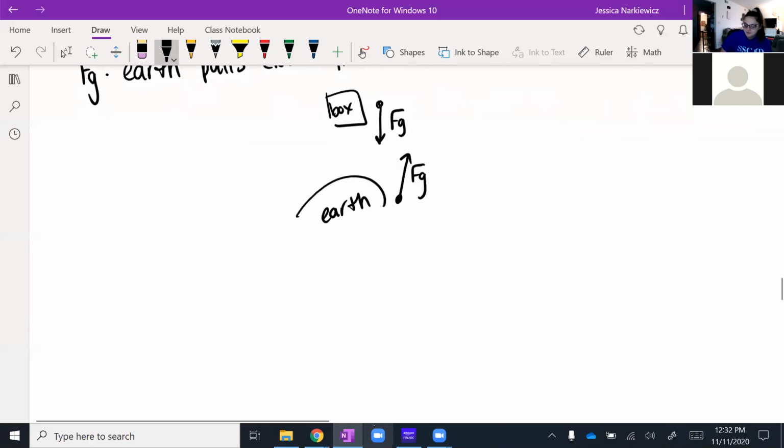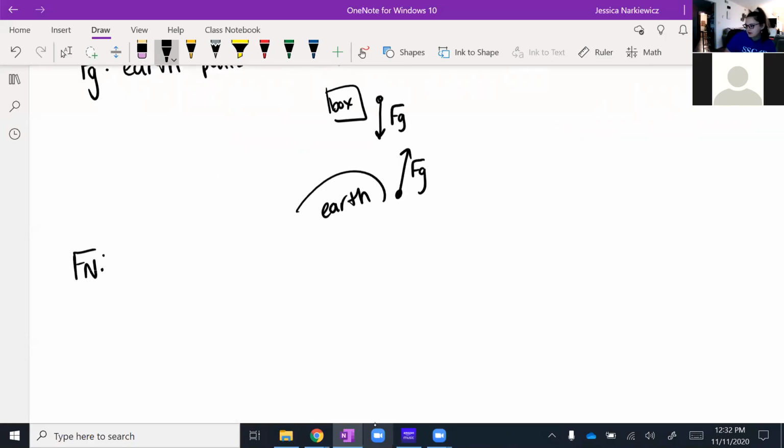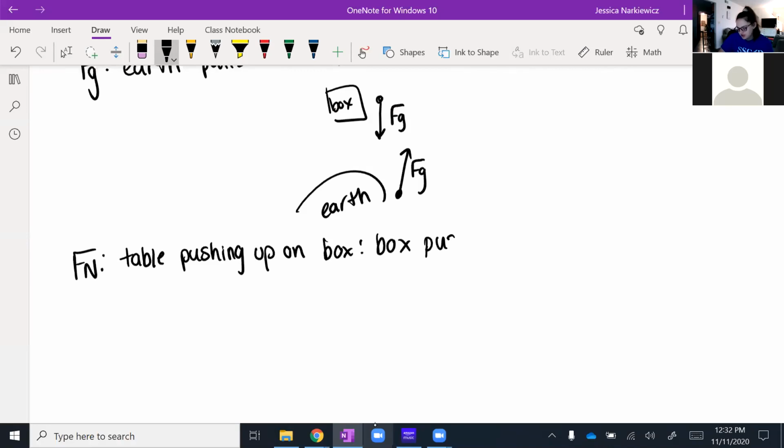Okay? The normal force. The normal force comes from the table pushing up on the box. So the force pair to that is the box pushing down on the table.